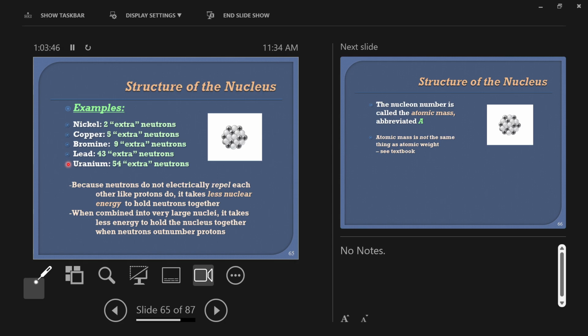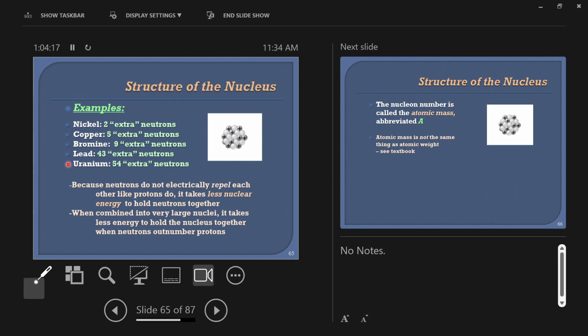Put it in my phone. 238.029 minus 92 gives us 146. Okay, there are on average 146 neutrons in uranium, where it only has 92 protons. So these big atoms, they're big because they have so many extra neutrons.